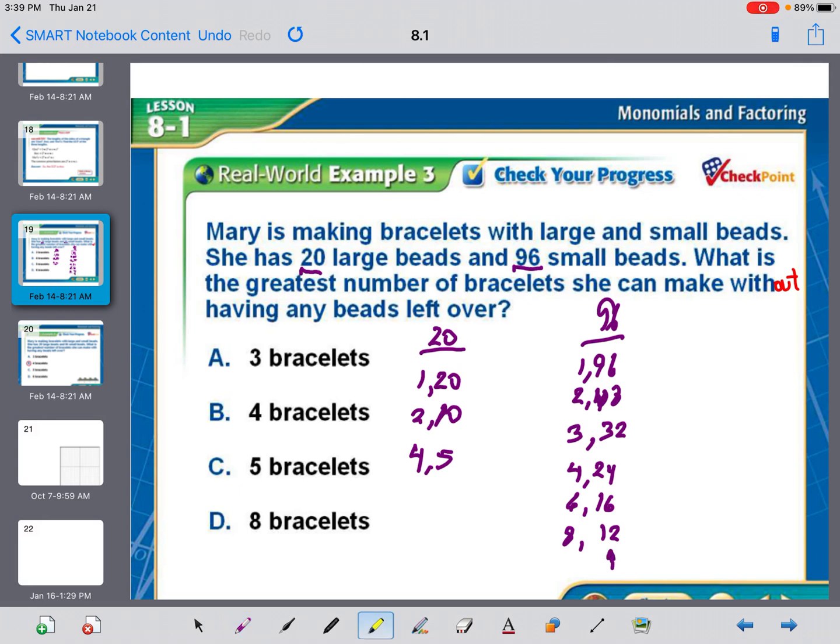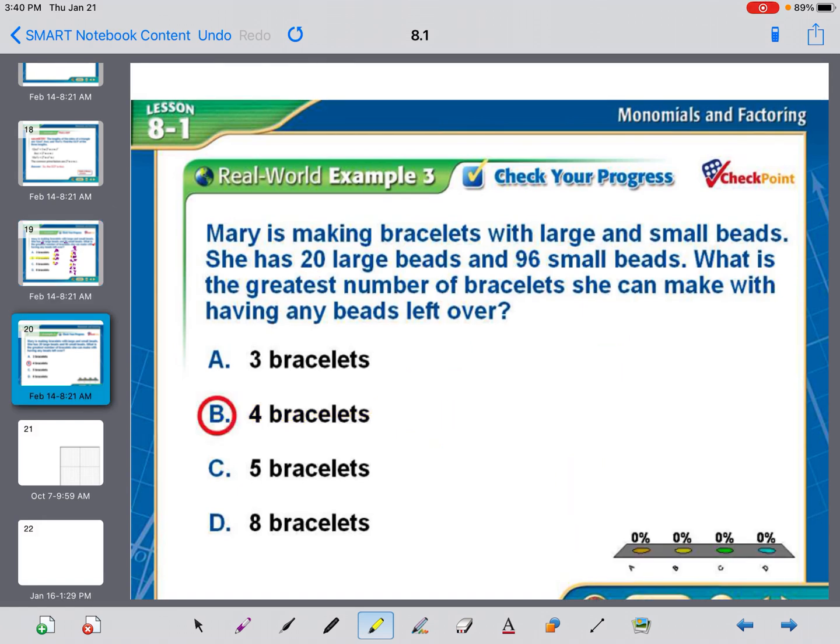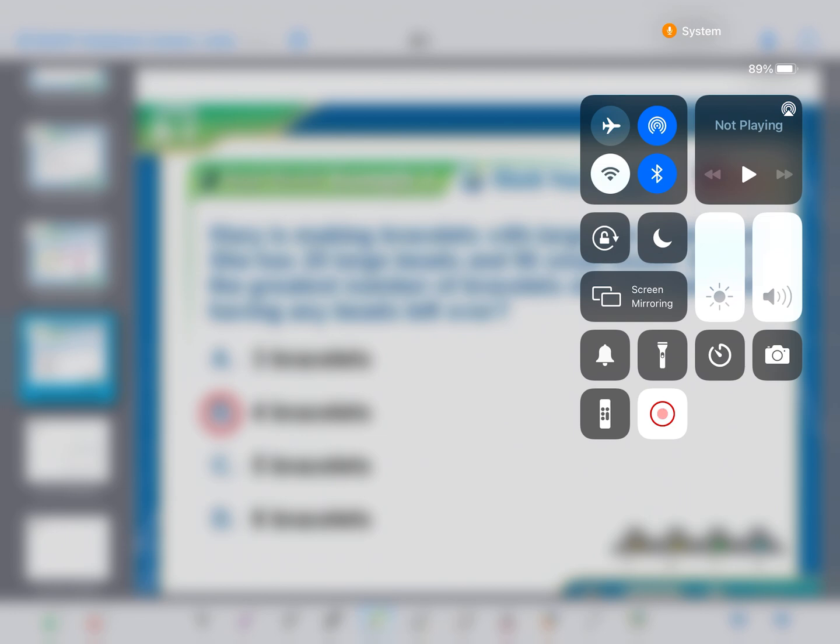And we're back around to the numbers on this side. So those are the pairs of factors. Let me make a point with you here. They have 1 in common. They have 2 in common. They have 4 in common. And that's all they got in common. What's the greatest one they got in common? 4. The answer is B.